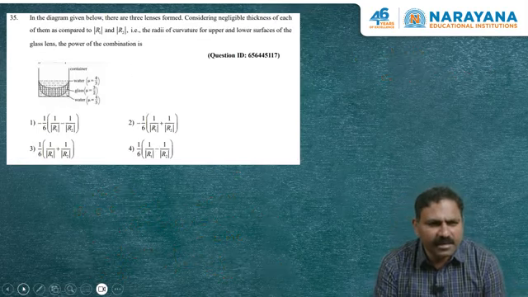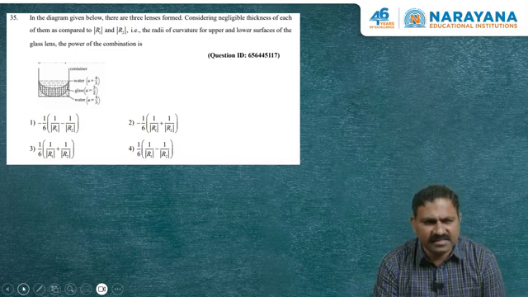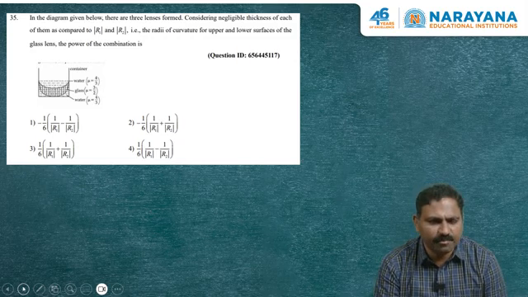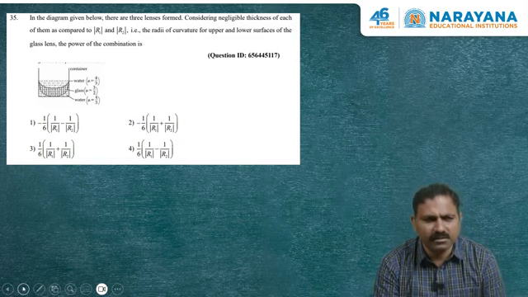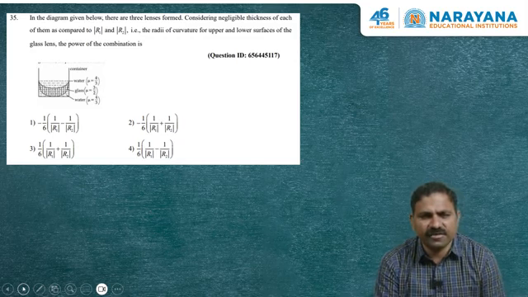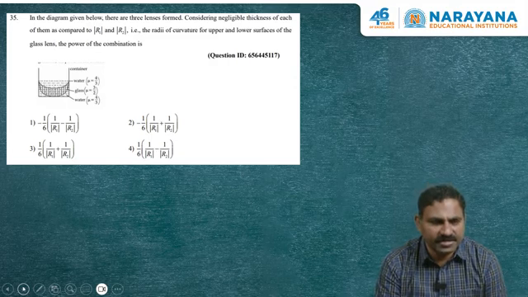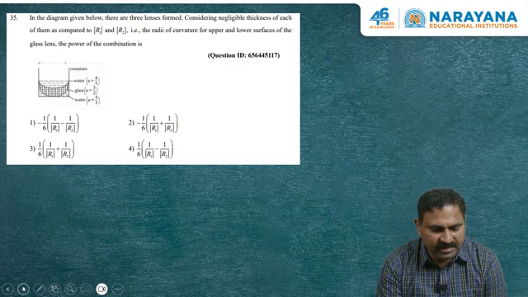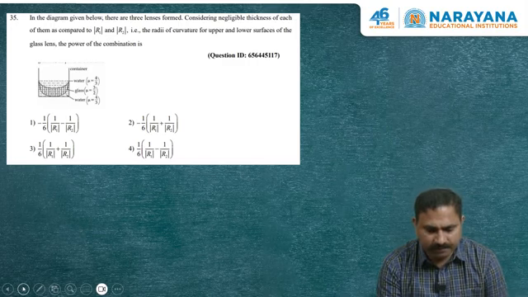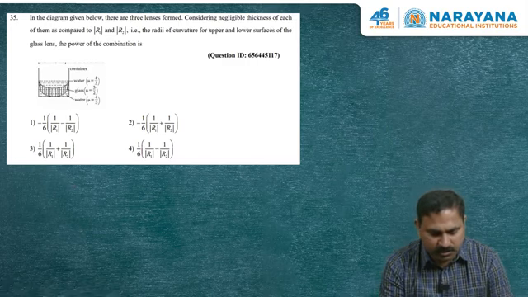In the diagram given below, there are 3 lenses formed. Considering negligible thickness of each of them as compared to mod R1 and mod R2, that is the radii of curvature for upper and lower surfaces of the glass lens, find the power of the combination. So here 3 lenses are given. Let me separate those.